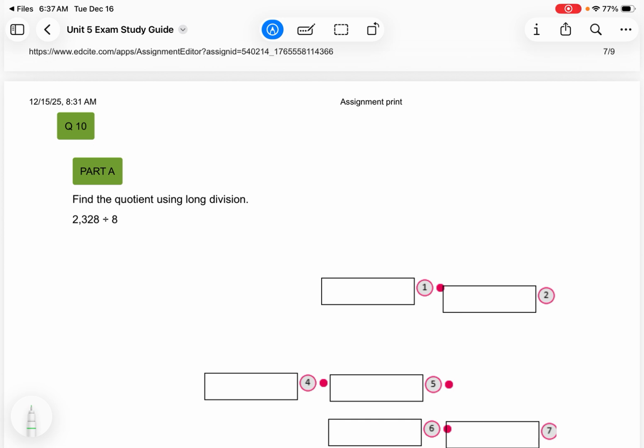So, we've got 8 into 2328. So we come off to the side and we do 1 times 8.